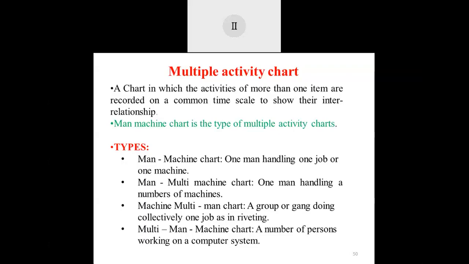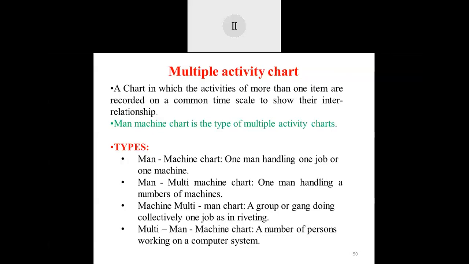Then the machine multi man chart. So here a group, or a gang, or a number of workers are collectively doing one job. As an example, riveting.